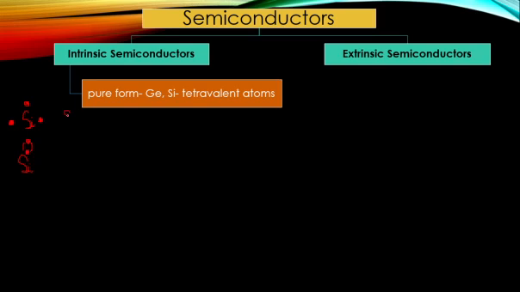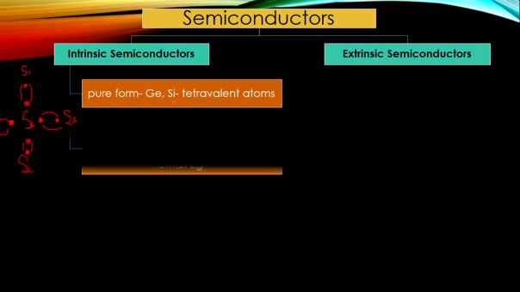Similarly it will share with another electron of another neighboring atom, and a bond is formed. Similarly all 4 electrons will be shared with neighboring atoms, and correspondingly you will get 8 electrons in total. That means the system will become stable. To complete the octet, it will share the electrons with the neighboring silicon atoms. This is how a stable structure is formed.